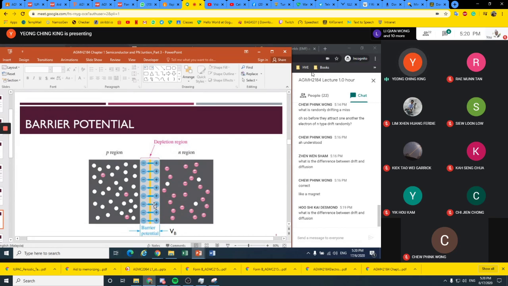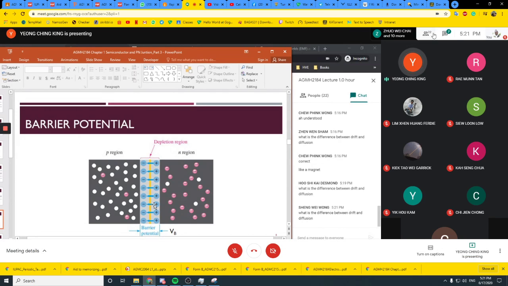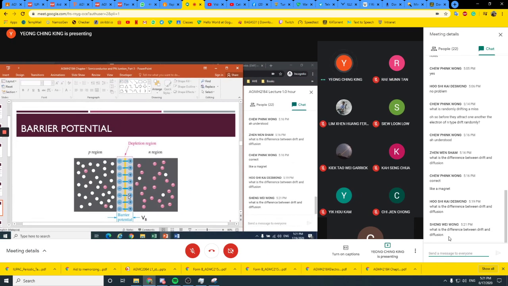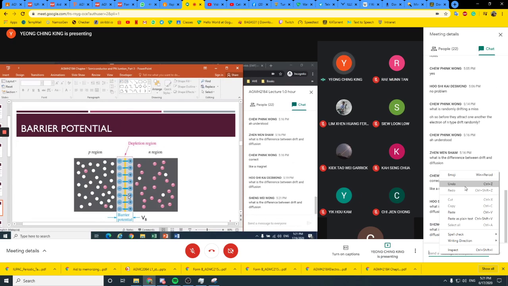This electric field is a barrier to the free electrons in the N region, and energy must be expended to move an electron through the electric field. External energy must be applied to get the electrons to move across the barrier of the electric field in the depletion region.